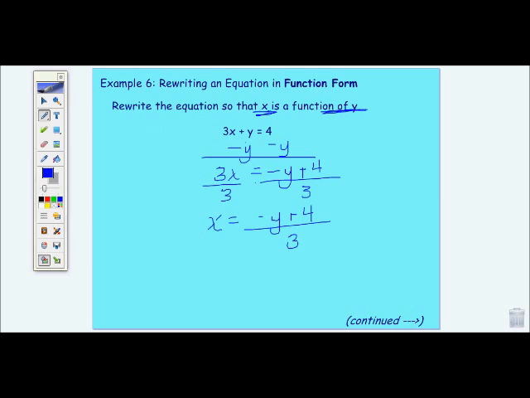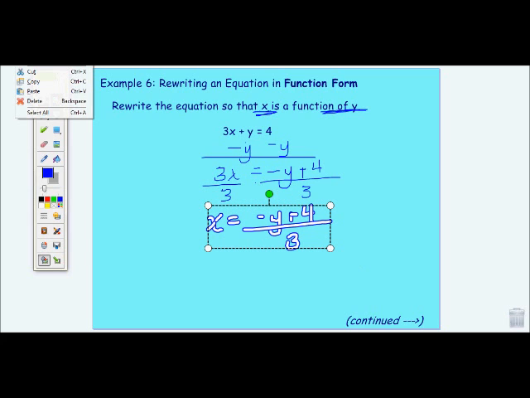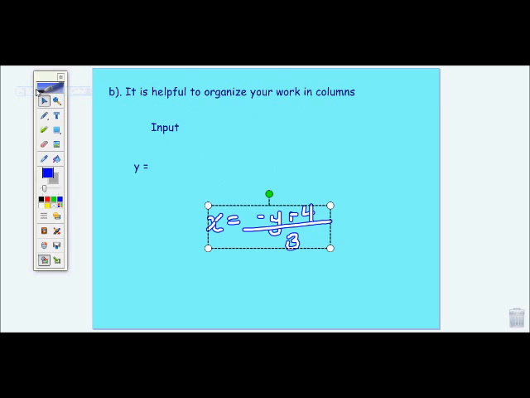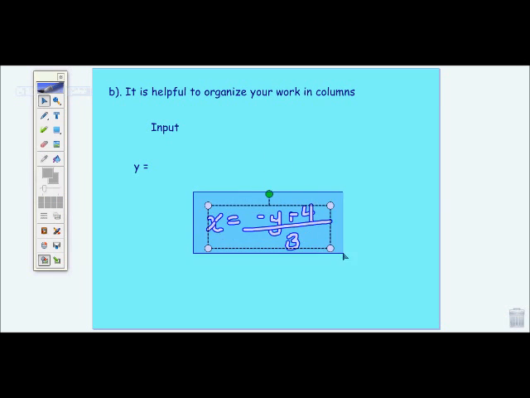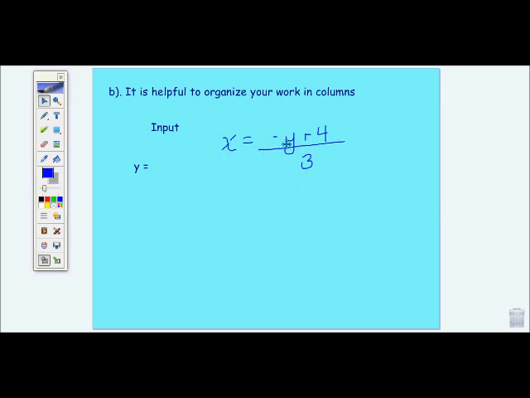So let me go ahead and copy that, and see if I can paste it on the next page. Yep, let me move it. There we go.